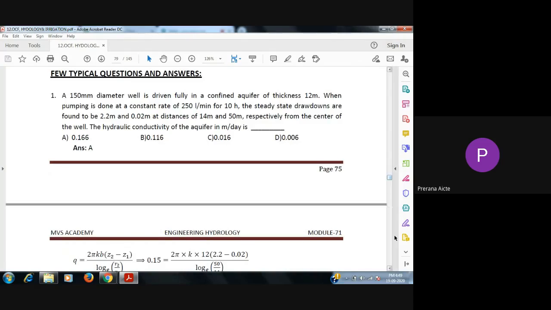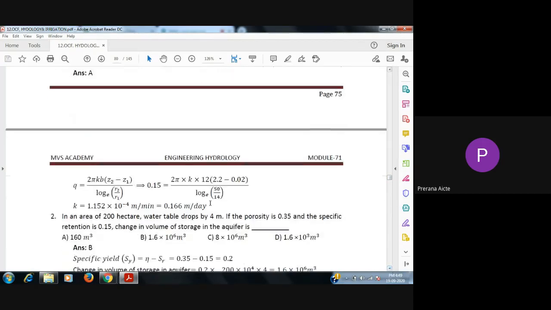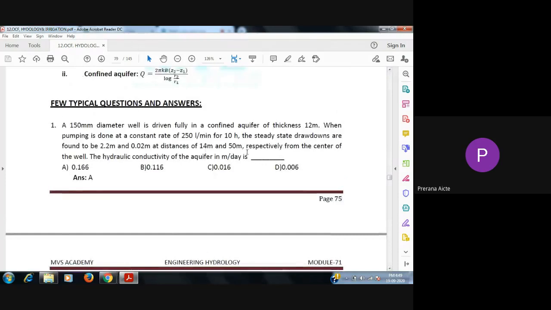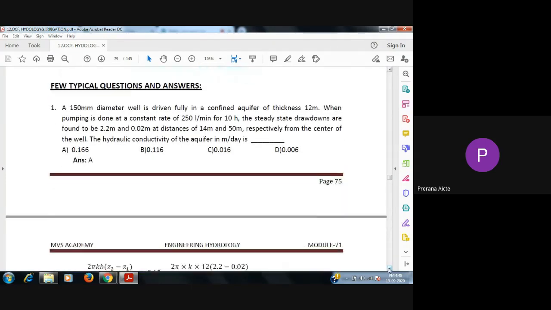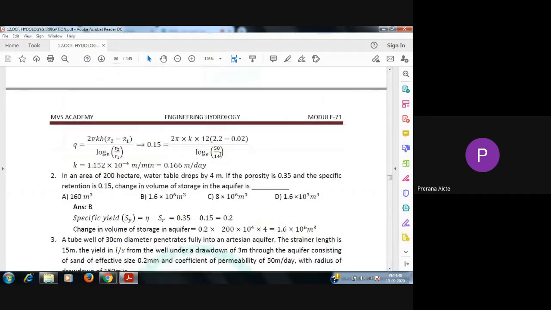So Q equals 2 pi K into thickness B into (S2 minus S1), or Z2 minus Z1, or H2 minus H1, whatever you prefer. That is the difference of drawdowns, 2.2 minus 0.2, by log base e of R2 by R1, that is 50 by 14. Then K equals this much straight away.